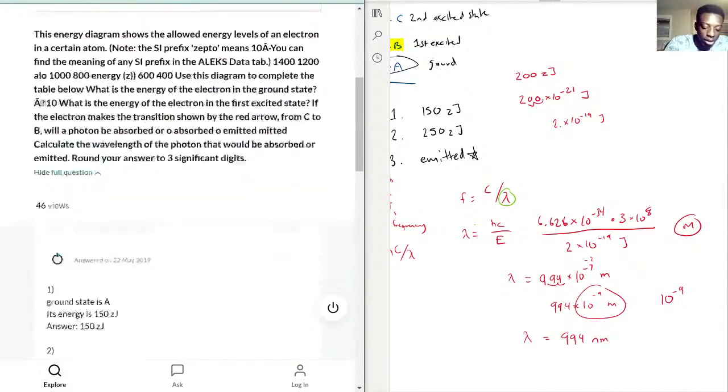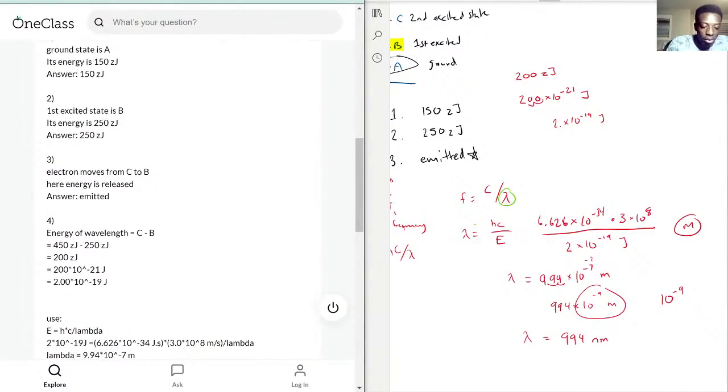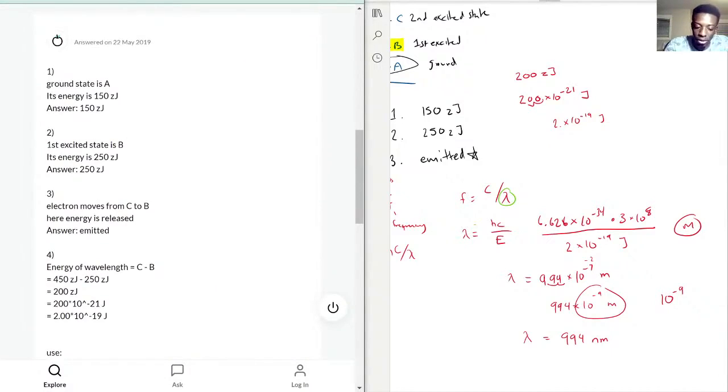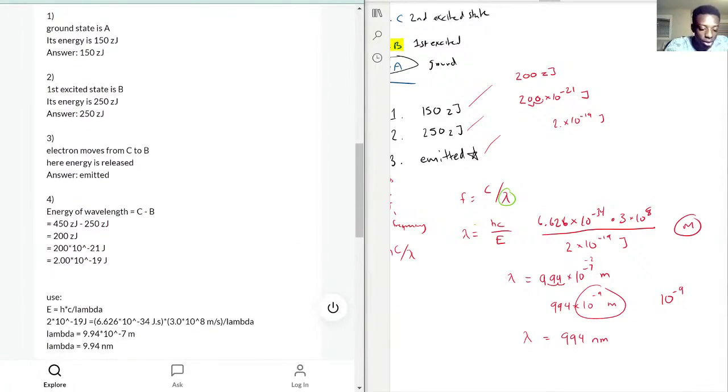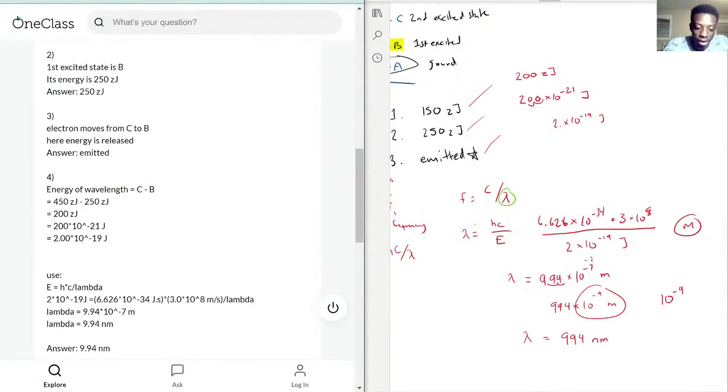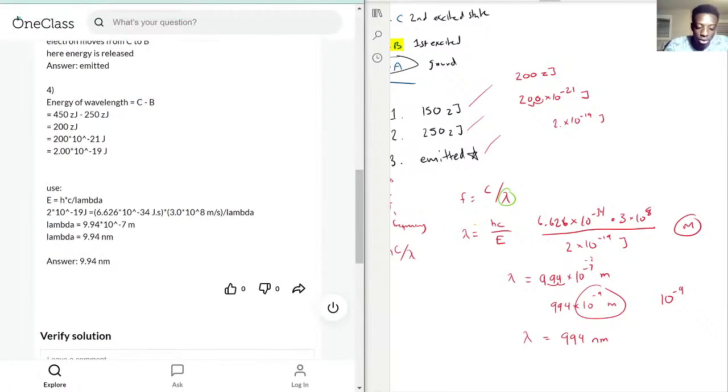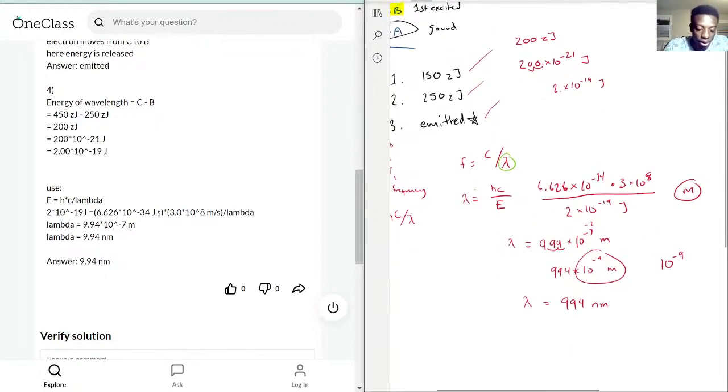Let's see how they did. Okay, ground state 150, correct, so they got that part right. We also got the second part, that's good. Energy is indeed emitted, and let's see how they solved it. They got the 2 times 10 to the negative 19, perfect. They used the formula that energy equals Planck's constant times speed of light over the wavelength, and then they rearranged it, allowing us to solve for wavelength.